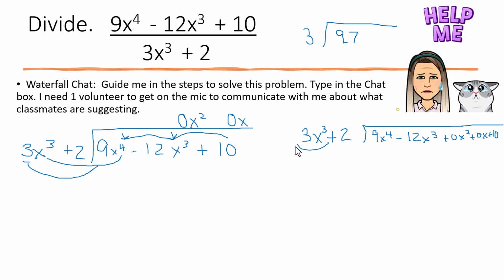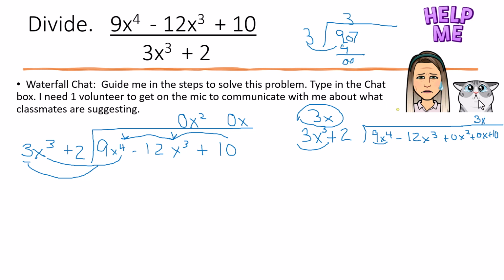So 3 times 3x gives us 9x to the fourth. Now look at this number that we got that we're going to need to multiply that first term by. So we're going to line that up over where the x to the first powers would go. So it goes right here.